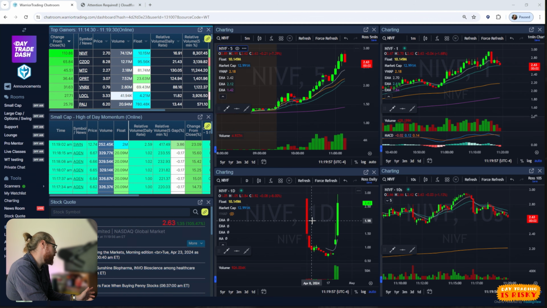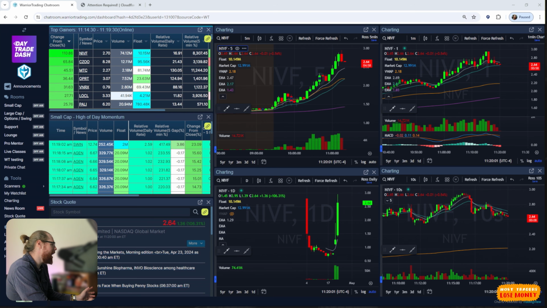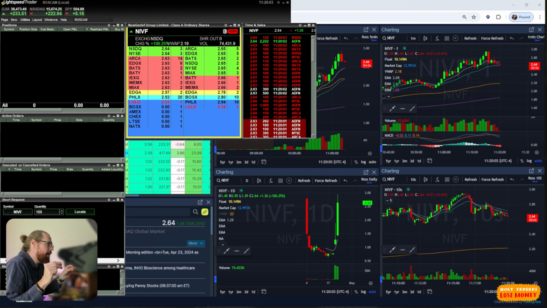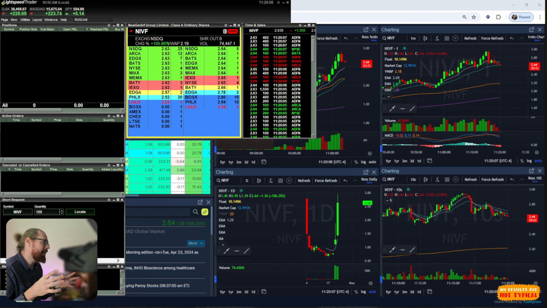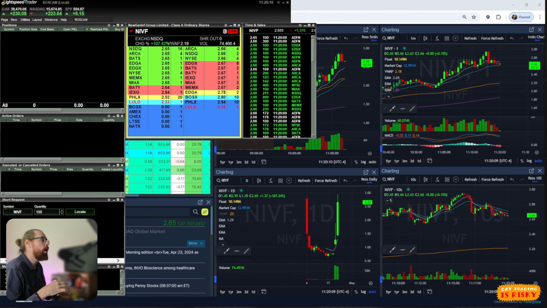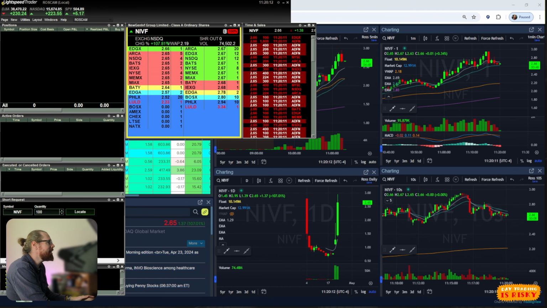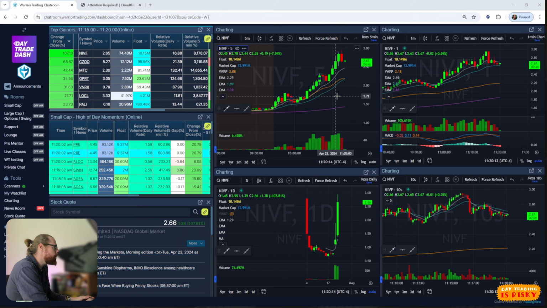So for the next 15, 20 minutes, the level 2, I'm not even looking at it anymore. I'm only pulling it up when I'm about to take a trade. That's also important. There are some people that get sucked into reading level 2 all day long, but it's really only valid and worth looking at in the moments when the chart is supporting an entry.